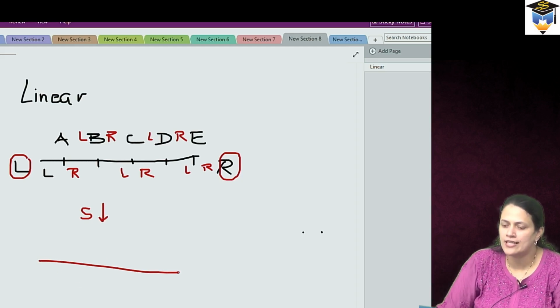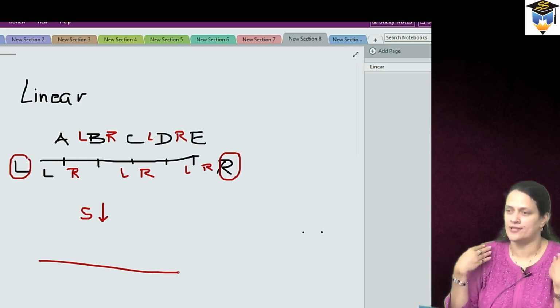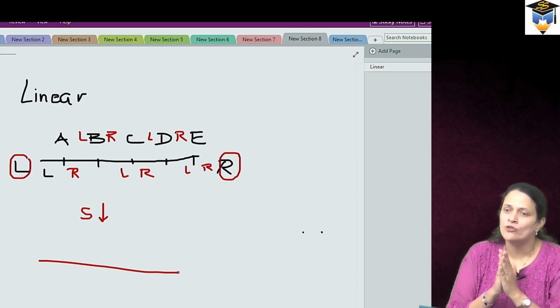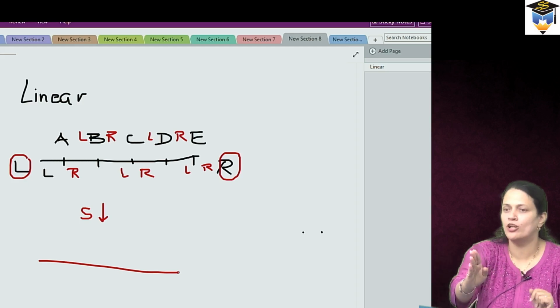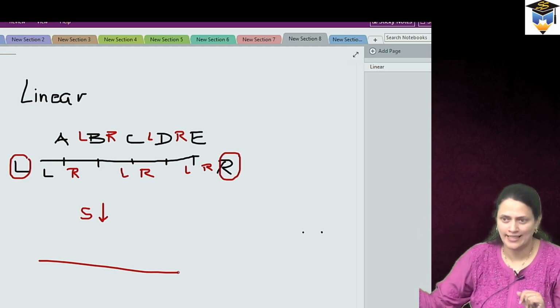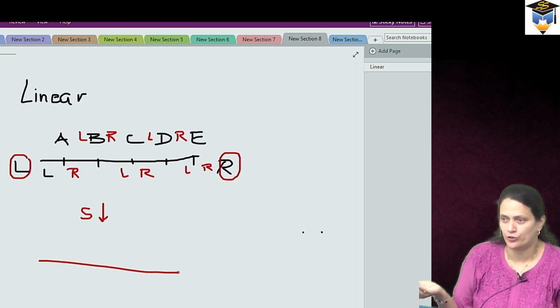That means which is his left and right? Okay, I am a person. I am sitting facing you all. So which is my north direction? This is my north. Behind me is the south. Right hand side is east. Left hand side is west. Your directions are exactly opposite to me.